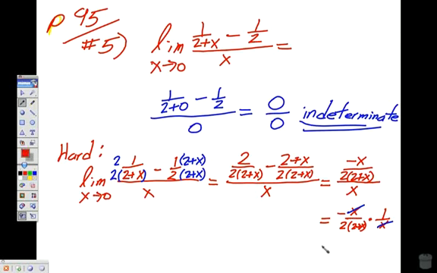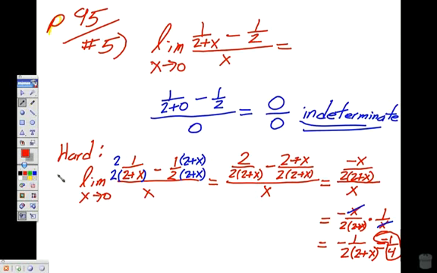And so we have negative 1 over 2 times 2 plus x. As x approaches 0, this becomes 1 over 4 with that minus sign out front, negative 1/4. There's our answer, negative 1/4.